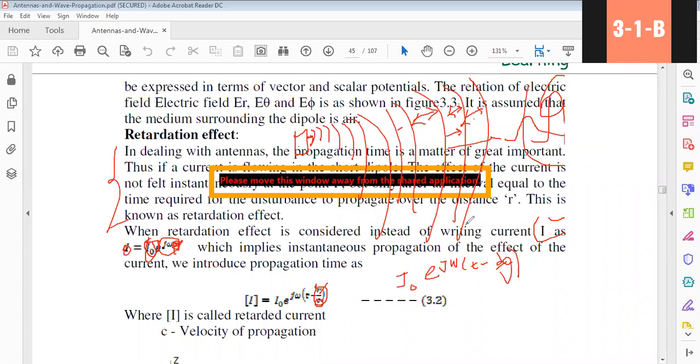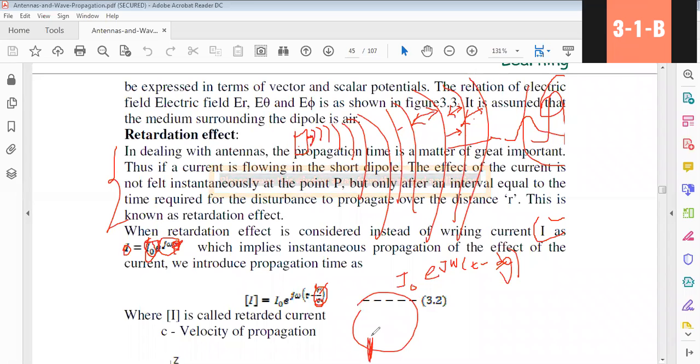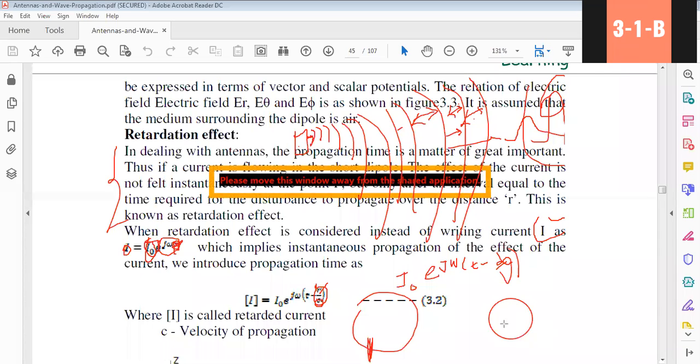Here distance is always represented with a small r, because from the antenna point of view, this is an isotropic antenna for suppose. Okay, this is the radiation pattern of an isotropic antenna, and it radiates equally in all directions.